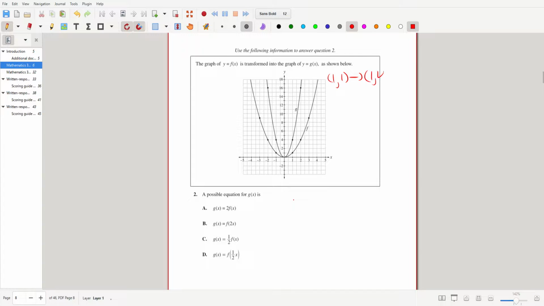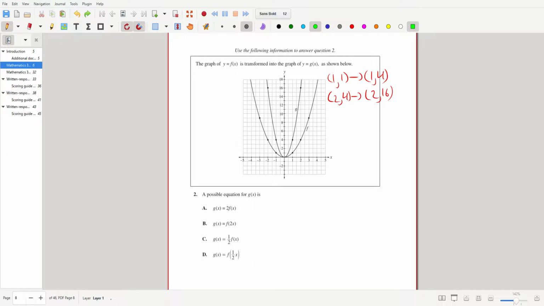Our second point will be (2, 4) for f of x, and that is transformed to (2, 16) for g of x. So (2, 16), right here.